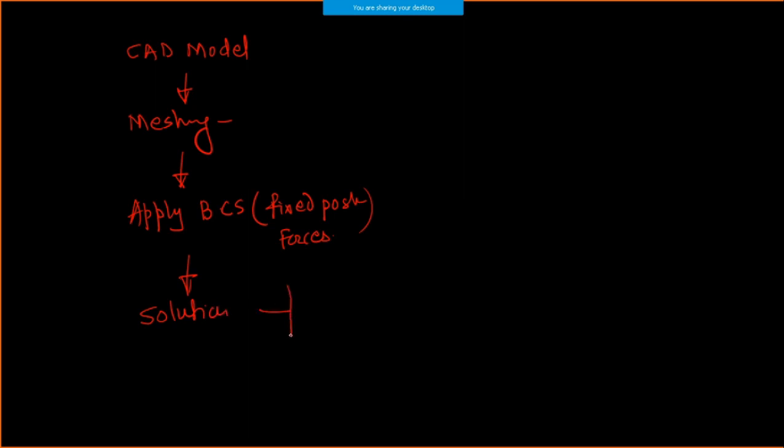In this solution, we have seen two types of solutions. One is called an iterative type solution, which typically uses a Gauss-Seidel type solver, and another one is a direct solver, a single step solver.